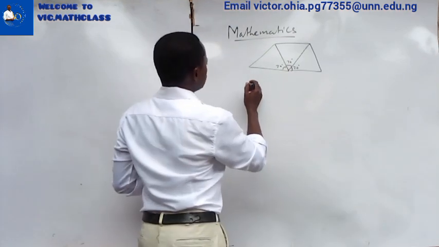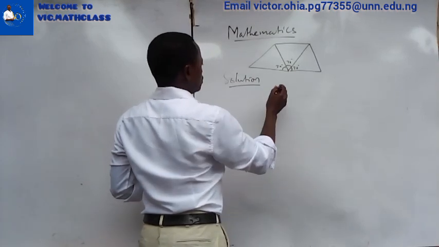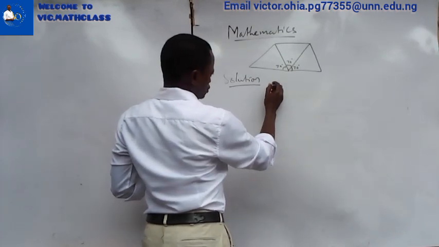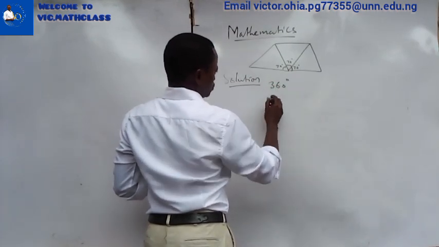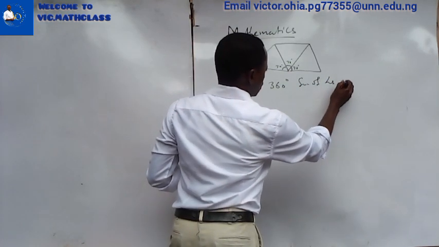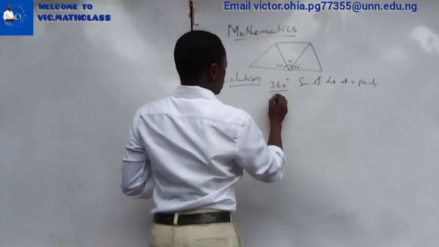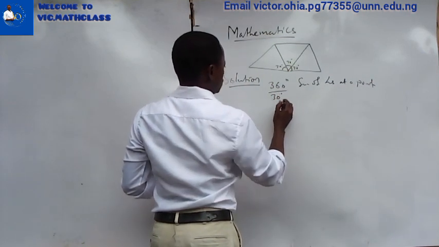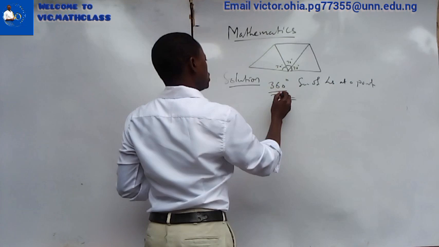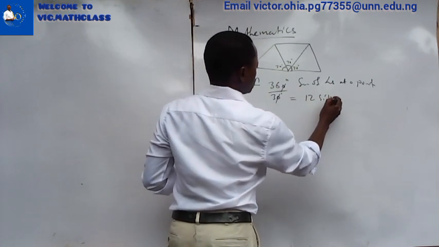So if I now say solution, 360 degrees, which is the sum of angles at a point, divided by 30 degrees, this gives me 12 sides.